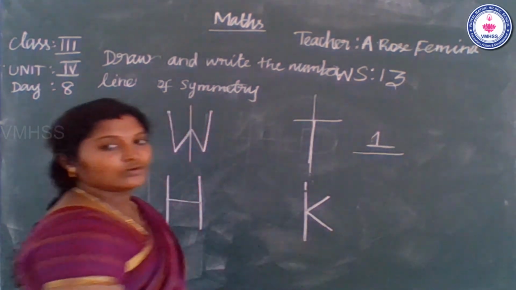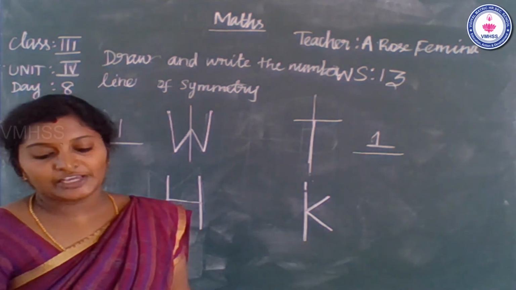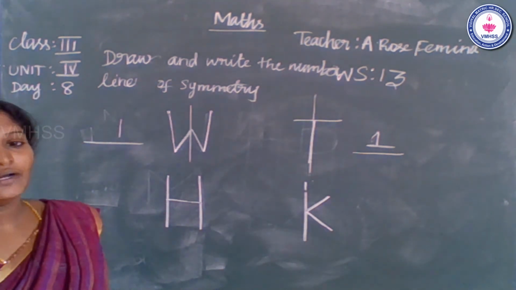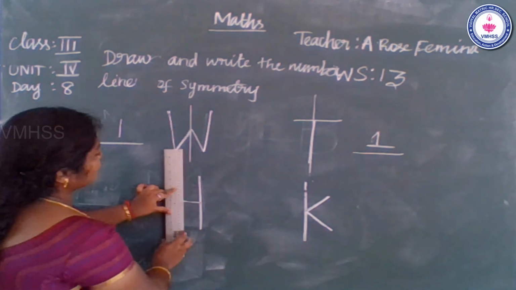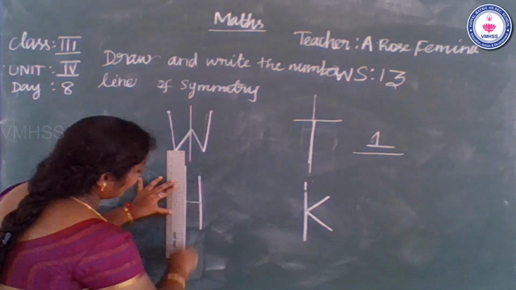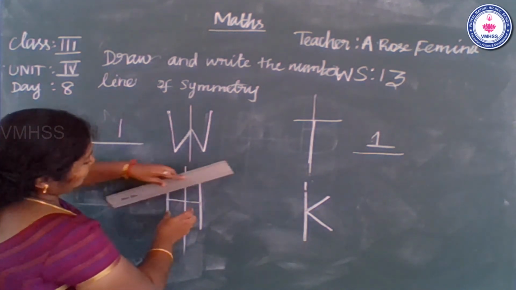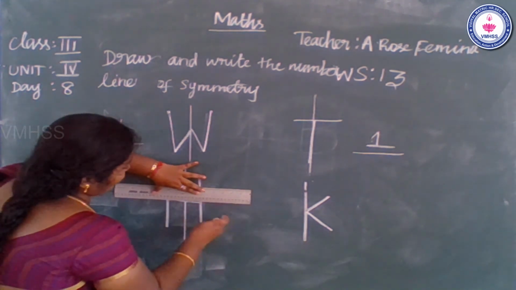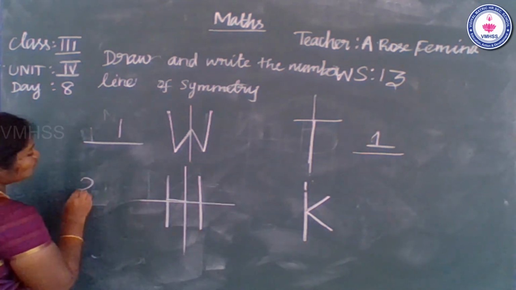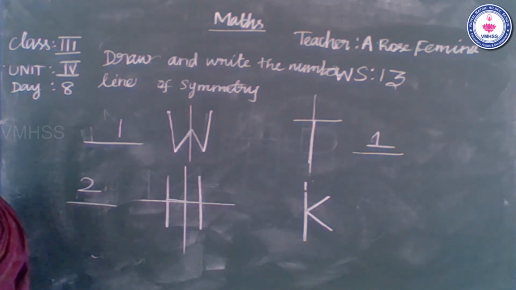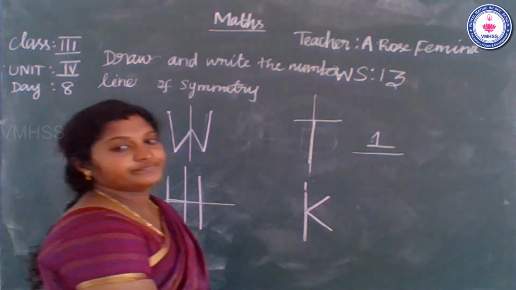Next, H. The H has one horizontal line of symmetry and one vertical line of symmetry, so the H has two lines of symmetry. Write two.